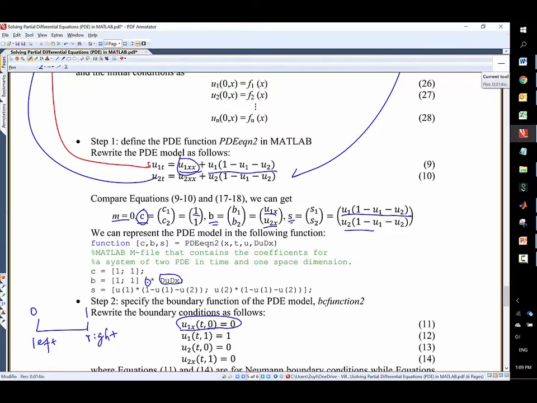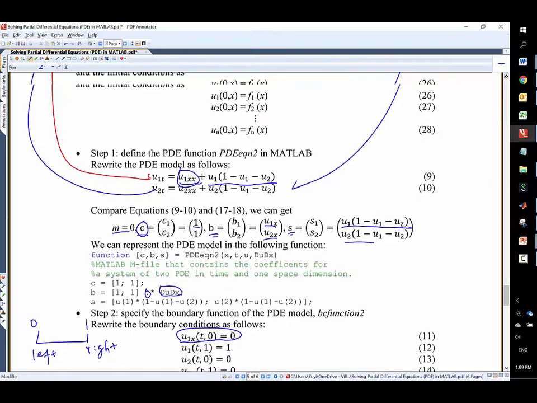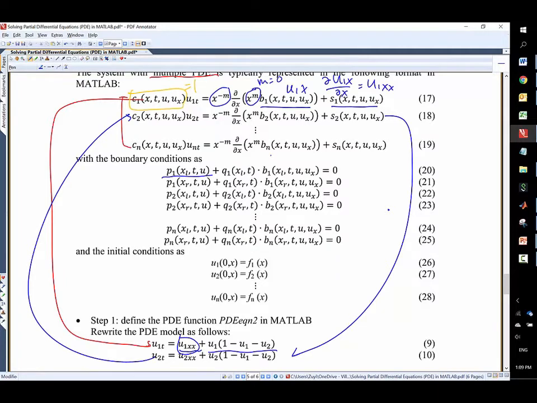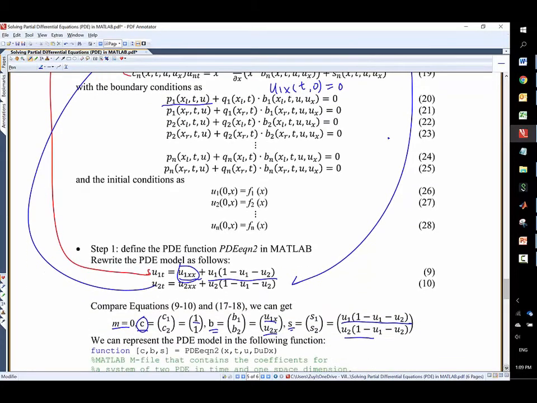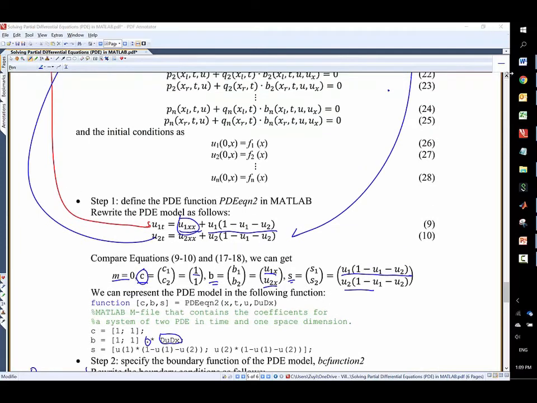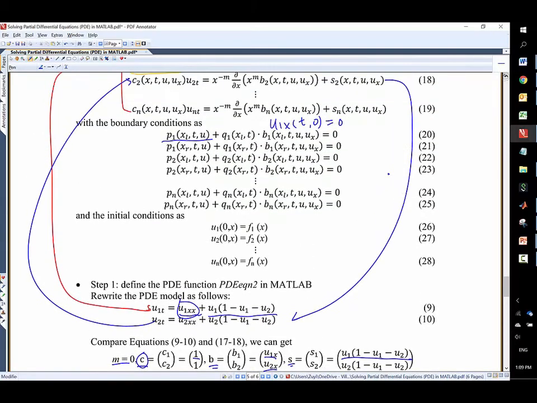So you could get u1x, t0, right? 0 means s equal to 0. So I'll write the boundary condition here. Now let's compare these two equations.